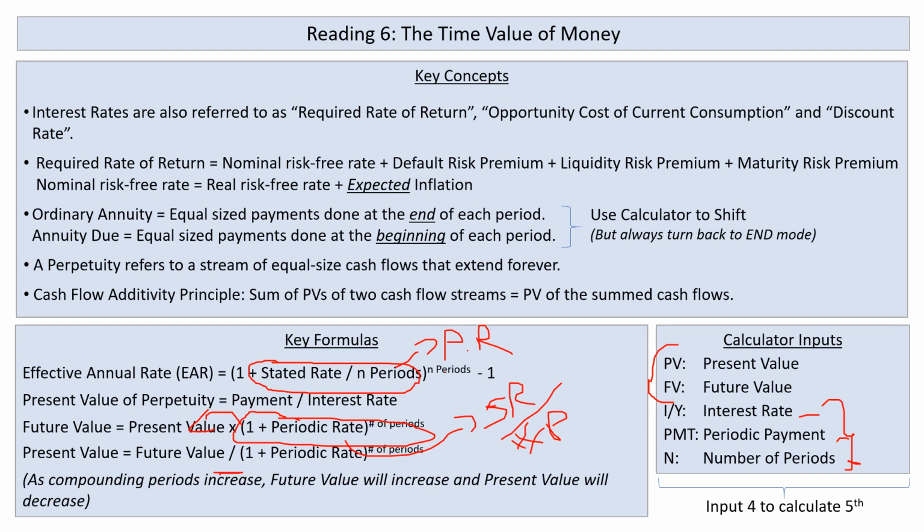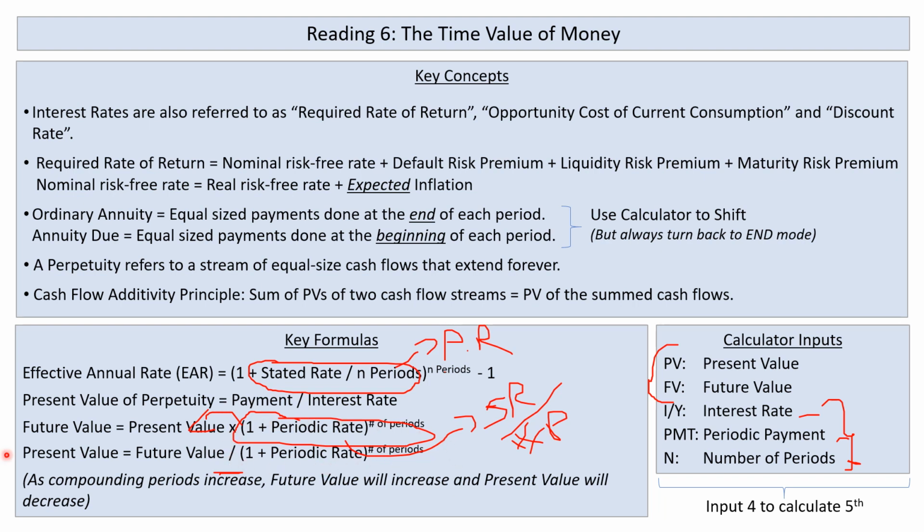The future value would increase simply because this factor is increasing. So the more you compound, the more your future value would increase. However, the more you compound, the more your present value would decrease. Okay, since you're dividing by a higher number, over here a higher factor, and vice versa.